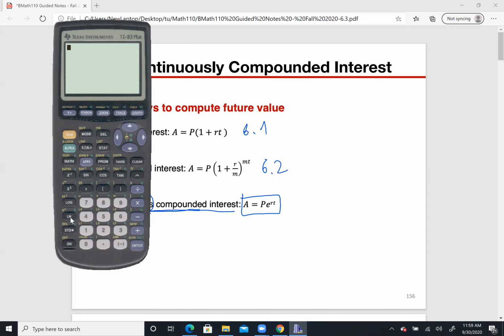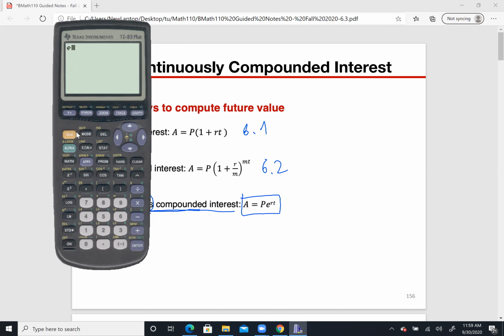See that? There is an e^x in yellow color. When you move to the division key here, you see the number e stays alone here. That's the Euler number. In order to get this number e, you click on second and then click on this button, and then you get the e, right?